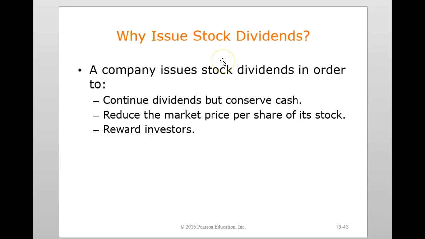So why do they issue stock dividends? Well, it continues dividends but conserves cash. If I distribute stock and I have poor cash flow, I'm still continuing my dividends. I'm just not paying it out in cash. It reduces the market price per share, and it rewards the investors. It keeps them coming back for more.